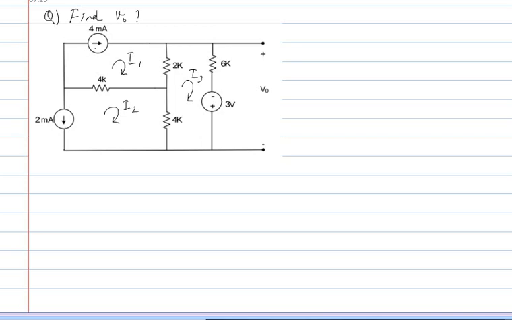Because 4 milliamps is the current that flows in this direction, and I1 is the current that we have drawn here. Therefore, I1 is going to be the same as 4 milliamps. Now what is 4 milliamps? It is 4 divided by 1000, so I will better write it as 4 into 10 raised to power minus 3 amps. That is 4 milliamps.